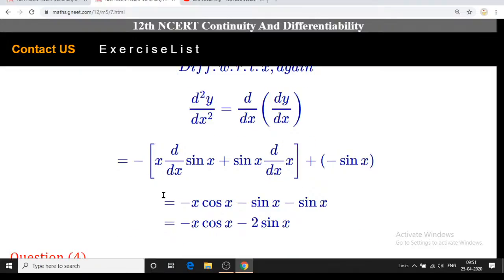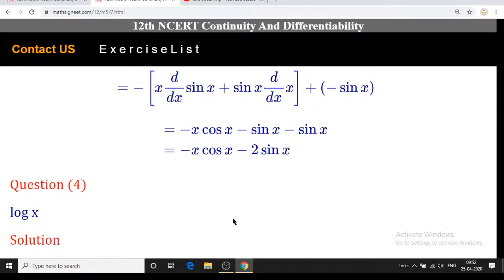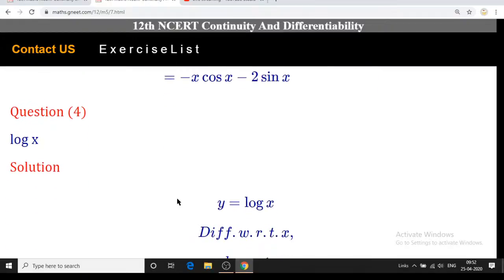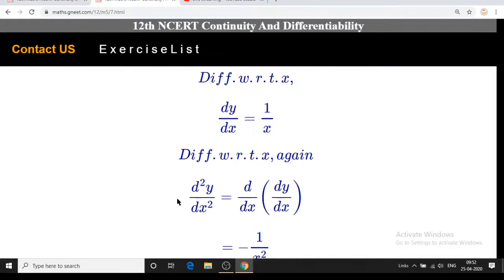Now I am simplifying, so I multiply with this negative sign also: minus x times the derivative of sin x, which is cos x, so I get minus x cos x. This is minus sin x minus sin x, so minus x cos x minus 2 sin x, or further you can take the minus sign common and write it. So that is an easy part.